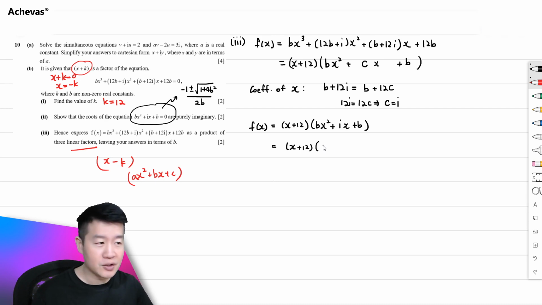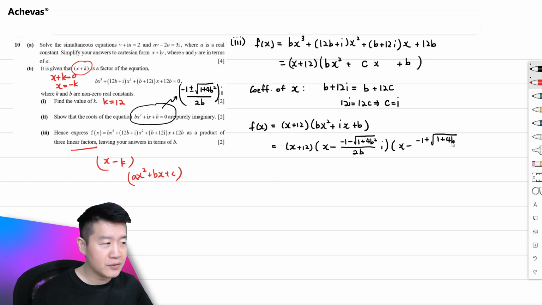So one of the factors is going to be x minus -1 minus square root of 1 plus 4b squared, divided by 2b i. Then the other linear factor will be x minus -1 plus square root of 1 plus 4b squared, divided by 2b i. Wait, but this is incorrect.